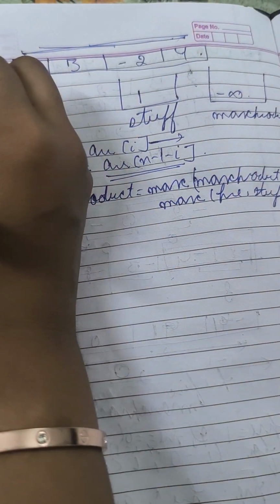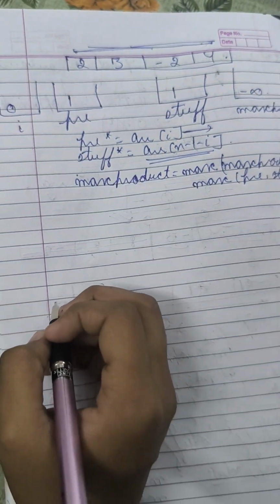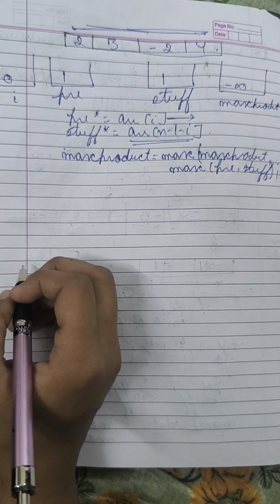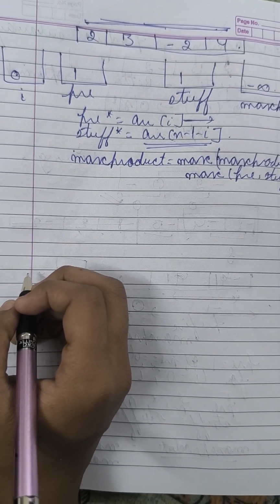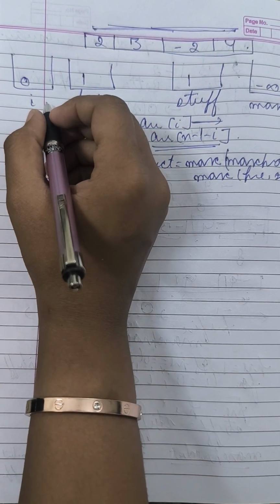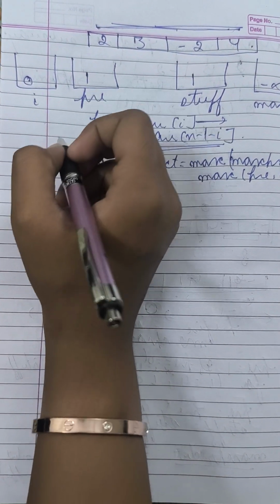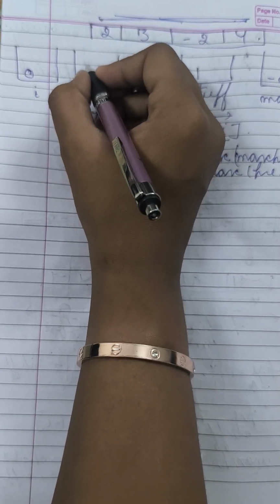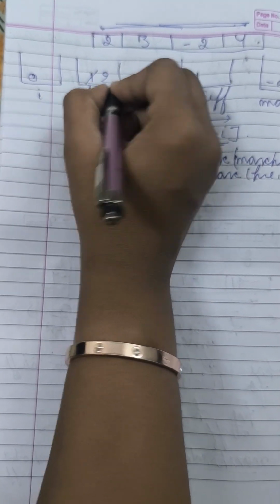First of all, I is 0. I starts from 0. So pre equals pre into array of I. Pre is right now 1 into array of 0, which equals 2, so here 2 will get stored.